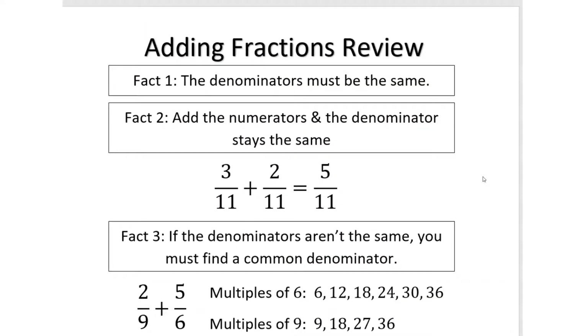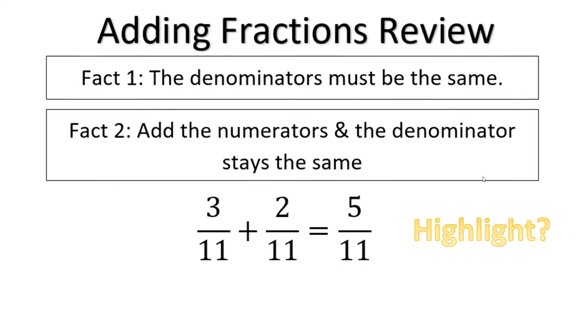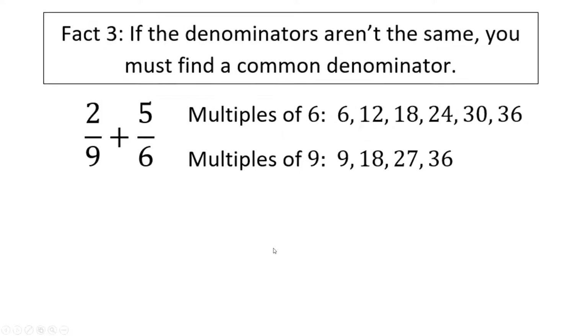Looking at the note sheet on adding fractions review, in class we highlight the facts. The first fact is that the denominators must be the same in order to add fractions. The second fact is to add the numerators and the denominator stays the same. So 3 plus 2 is 5. In class, we highlight the 11s.